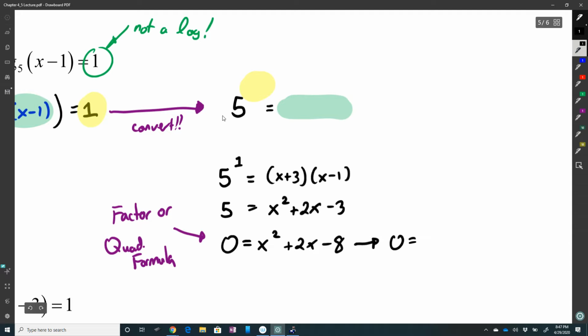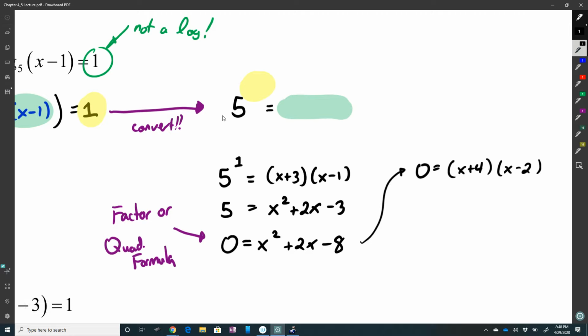This is 0 is equal to, let me again give myself more room, x plus 4, x minus 2. And so we end up with two solutions. x is equal to negative 4, and x is equal to positive 2.